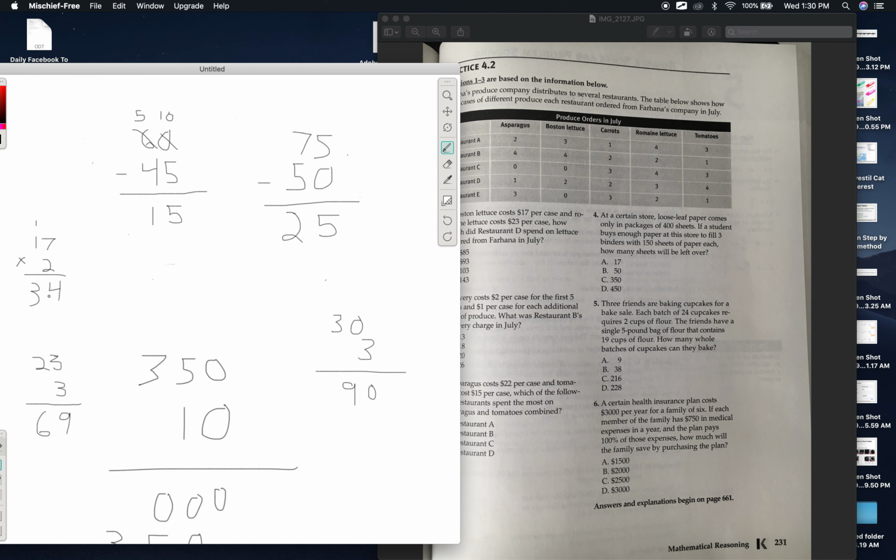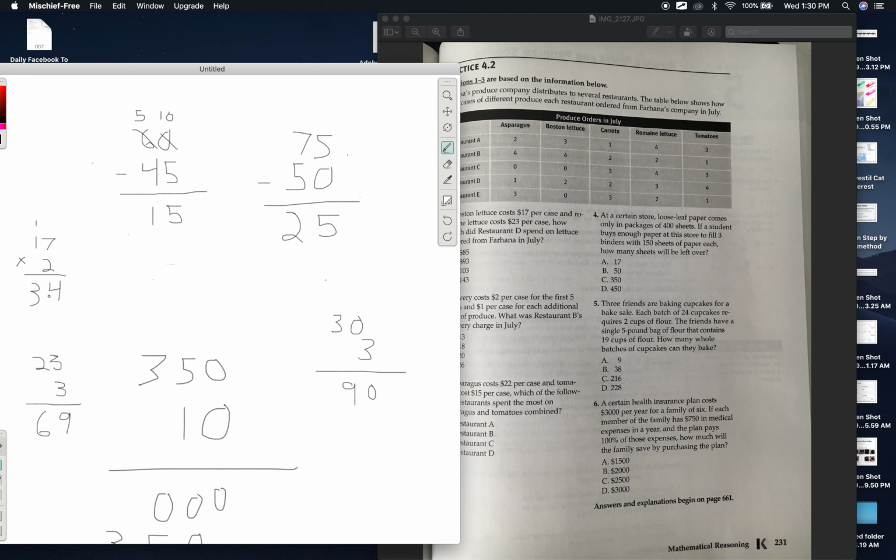So how much did Restaurant D spend on lettuce ordered from Farhana in July? We'll combine the two. 34 plus 69. 4 plus 9 is 13.